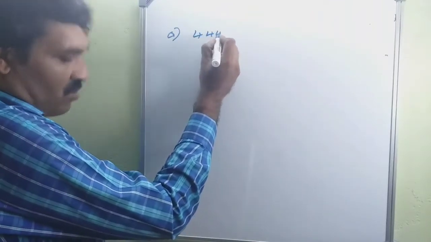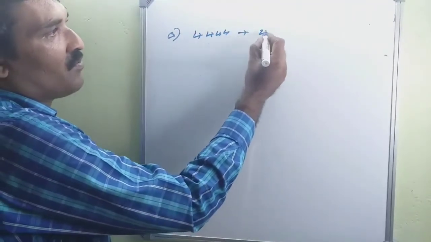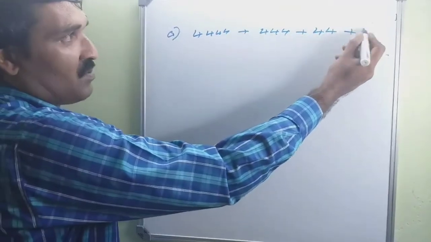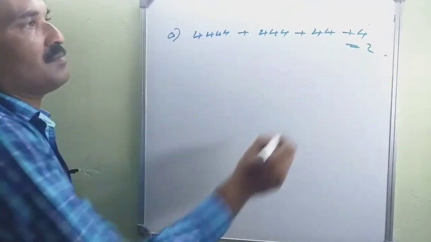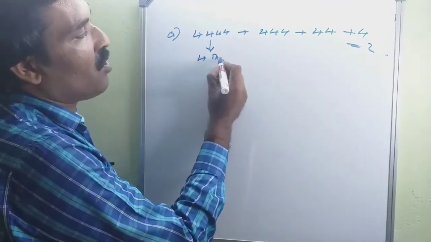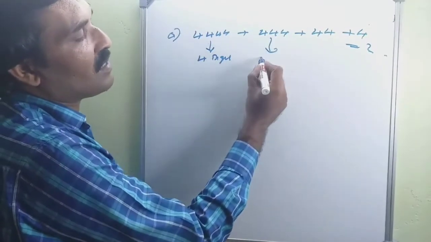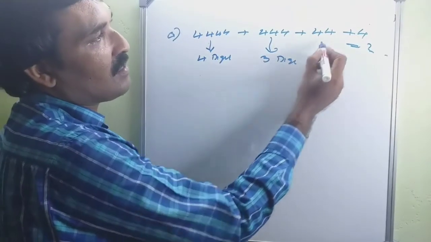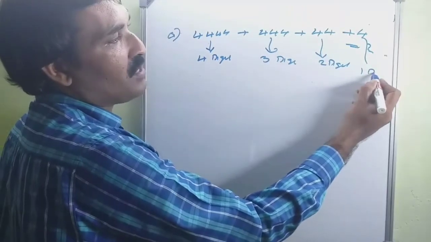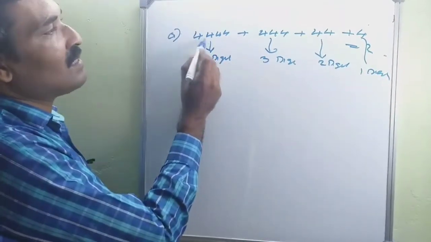Now, 4, 4, 4, 4 plus 4, 4, 4 plus 4, 4 plus 4 is equal to question. This is a 4-digit number. Here we have 3 digit, 2 digit and 1 digit. And all the digits are 4.